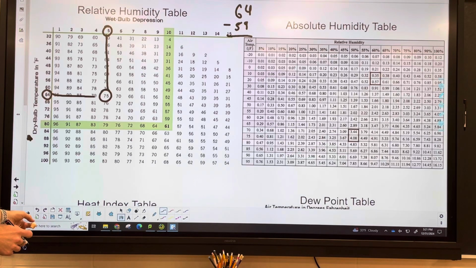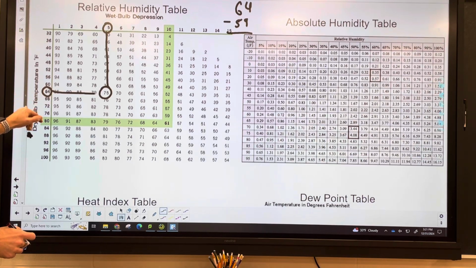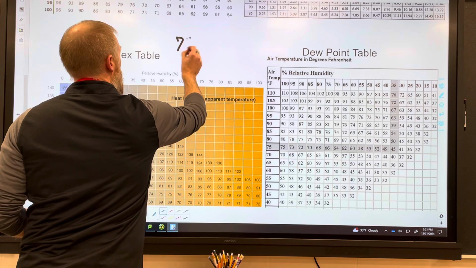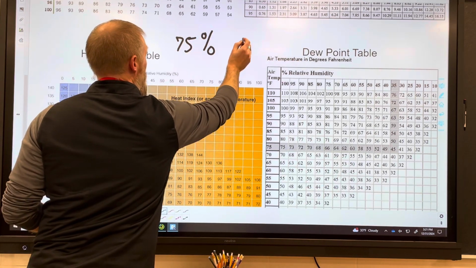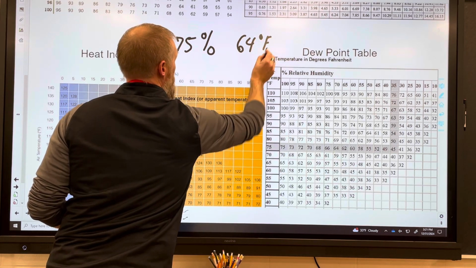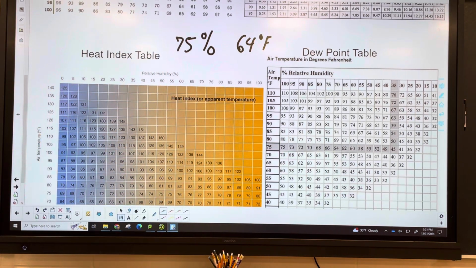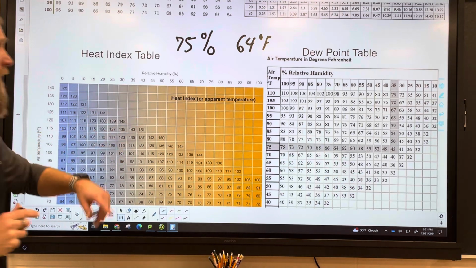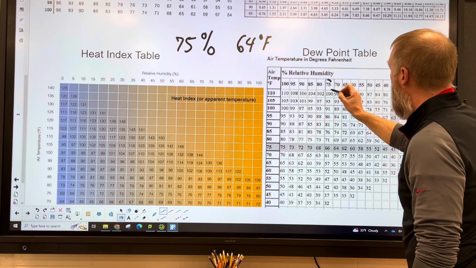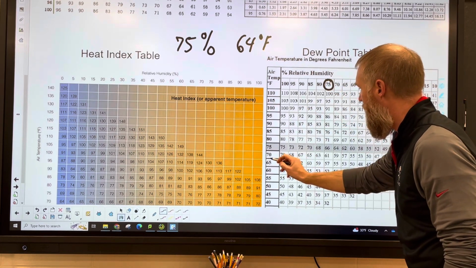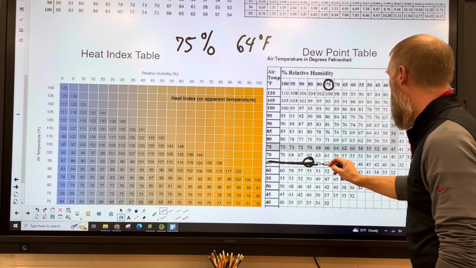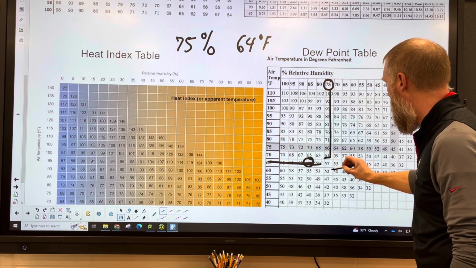Let's figure that out. Now that we have that, we're going to use 75% and 64 degrees Fahrenheit. So what do we say, dew point? All right, dew point next. Relative humidity was 75, so that's this. 64 is close to 65, so I'm going to go, whoops, that's the right row, my circle moved.